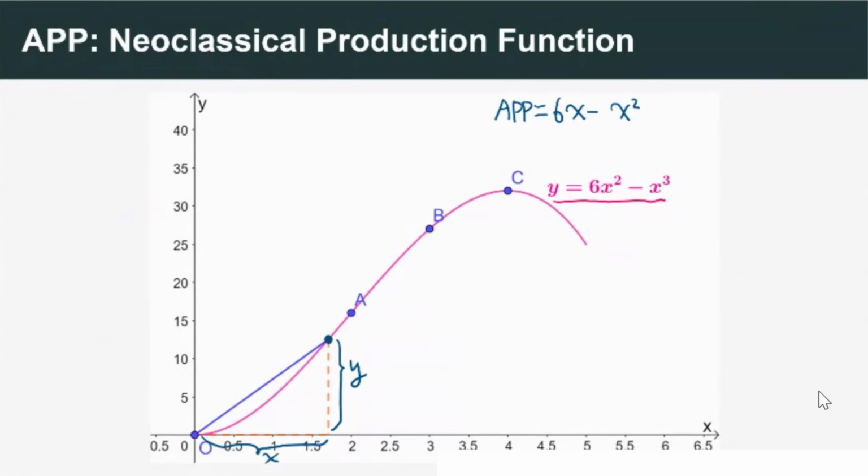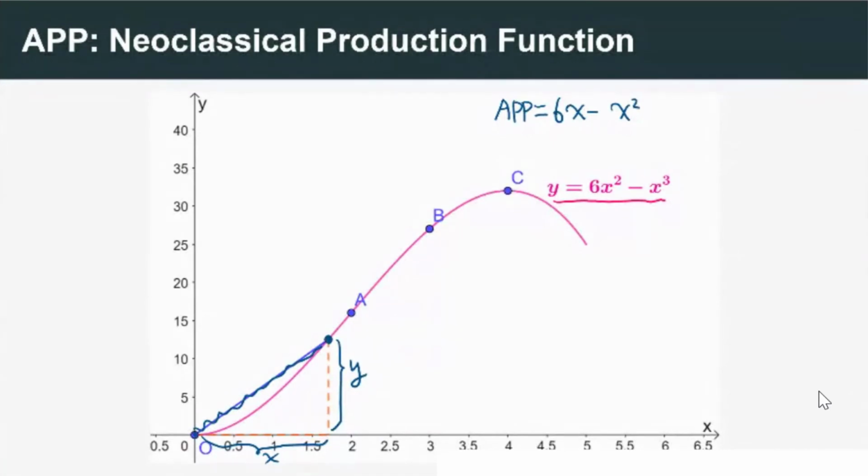And if you still remember from your high school math knowledge, y over x is actually the slope of this line here. This is called a ray line. It starts from the origin O and is connected to a point on the function. So the APP at that point is the slope of the ray line at that point.